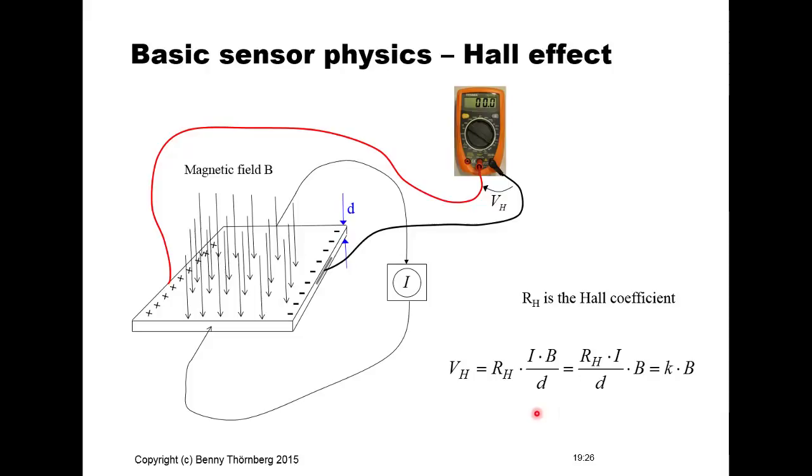So this is a detector that can also measure a constant magnetic field, not only a changing magnetic field as we can do with a simple coil.